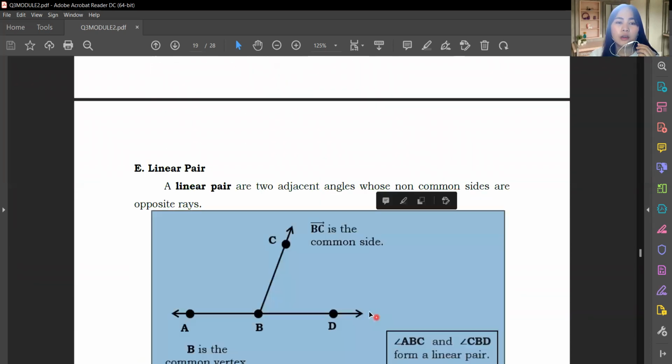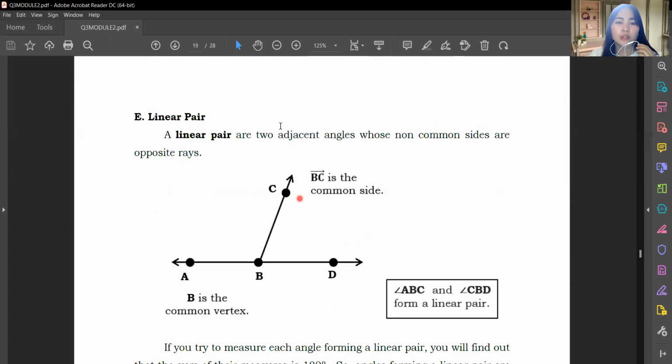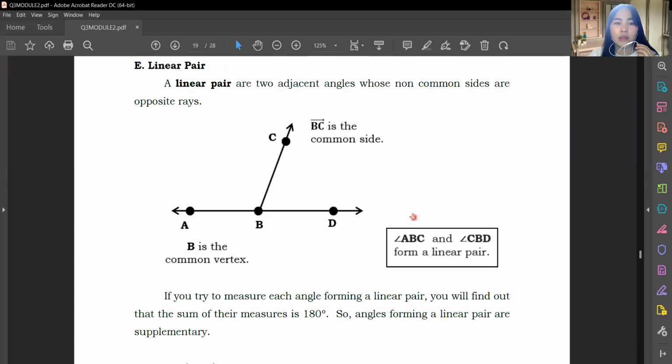For a linear pair, these are two adjacent angles whose non-common sides are opposite rays. So here, our angle ABC and angle CBD form a linear pair, a straight pair.